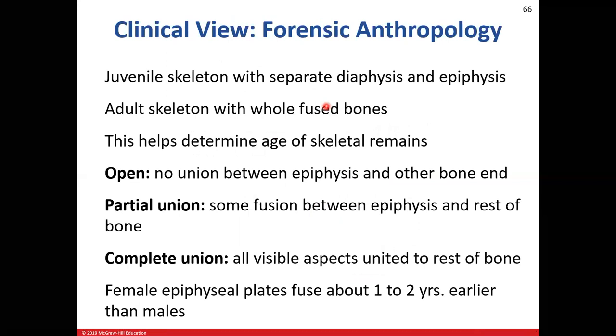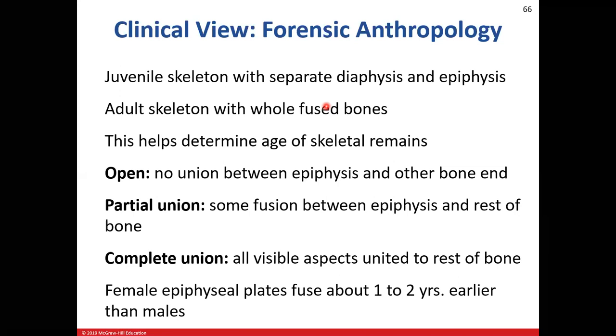So when we look at a clinical view, we look at a lot of forensic anthropology. Anthropology really looks at bones and joints of individuals, different ages, different sexes, and it allows us to really understand what happens when there's some sort of death and skeletal remains are found.